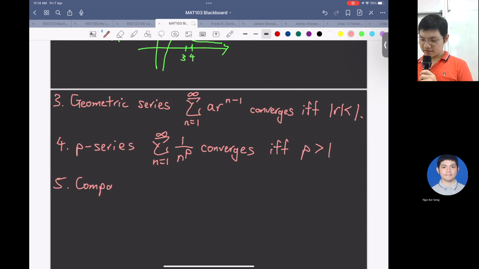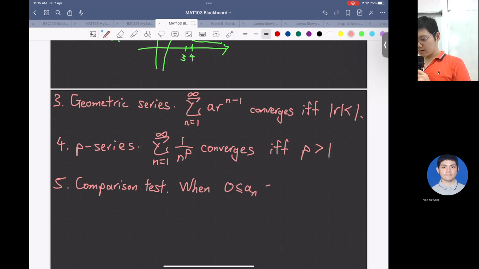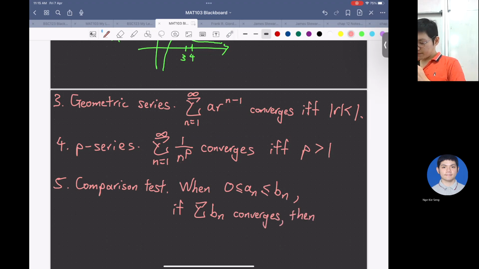Comparison test. What does the comparison test do? When you have two positive sequences and one bounds the other, if the series of Bn converges, then the series of An converges.